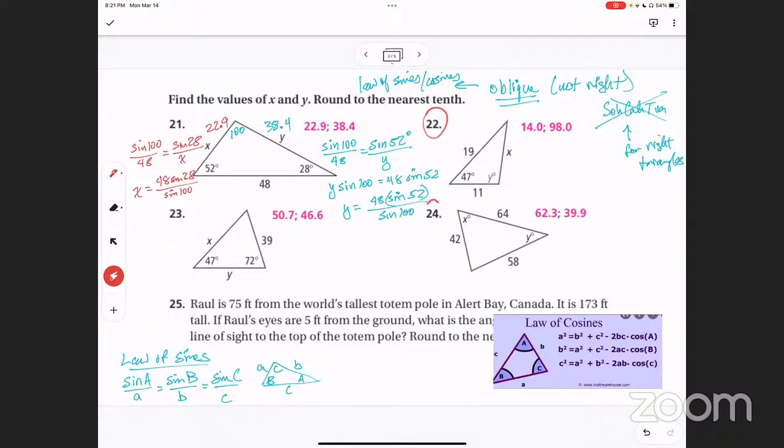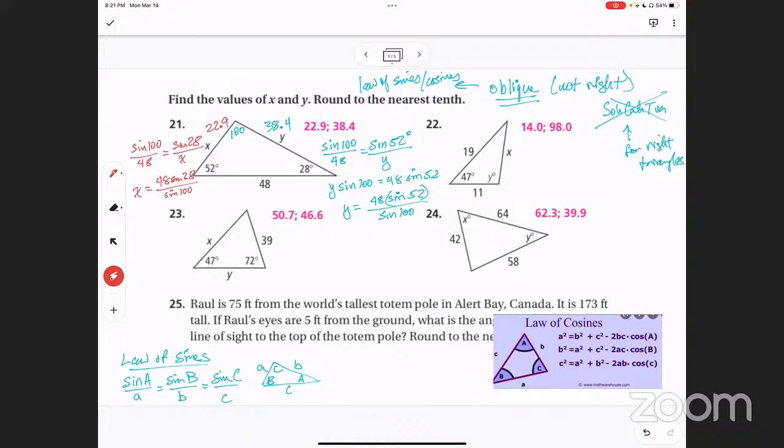So for number 22 and 24, you have to use the law of cosines because you have either what's called side, angle, side, or you have side, side, side.